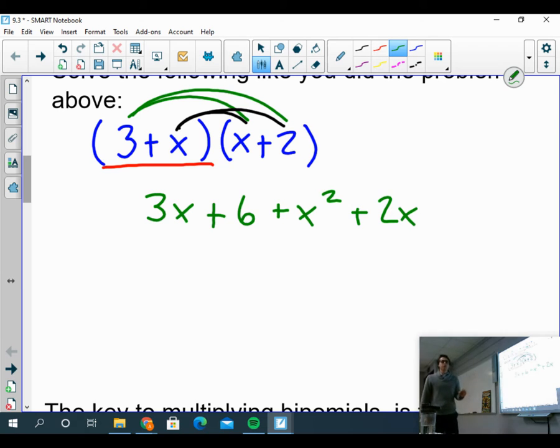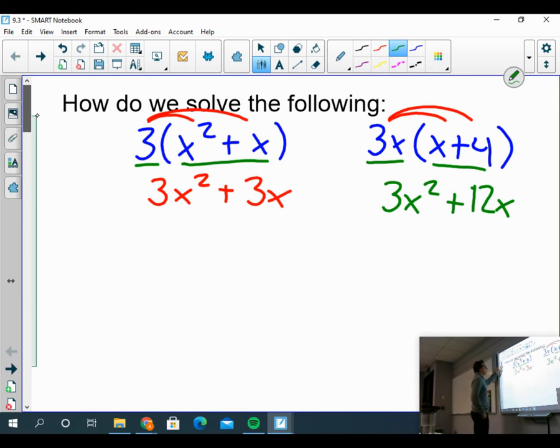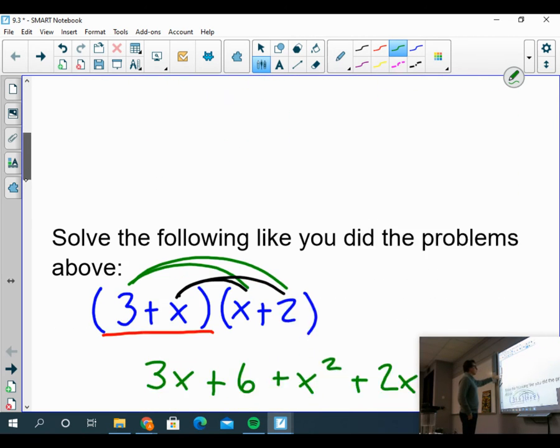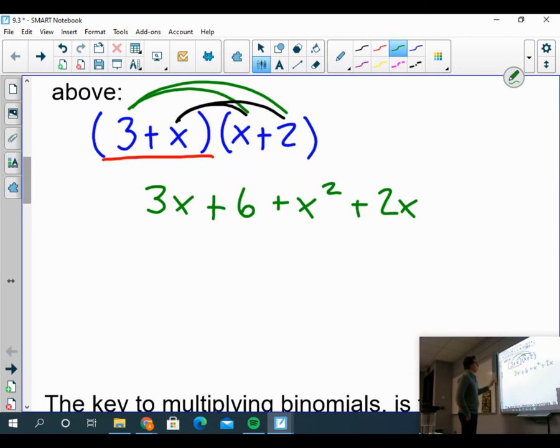The difference in 9.3 when we're multiplying two binomials by each other, as opposed to what we did above, is you not only have to distribute, you have to make sure you distribute everything. This wasn't a big deal when we only had one term out front of the parentheses. But when we have multiple, you have to make sure you distribute both. I got to distribute the 3 to the x and the 2 and the x to the x and the 2.